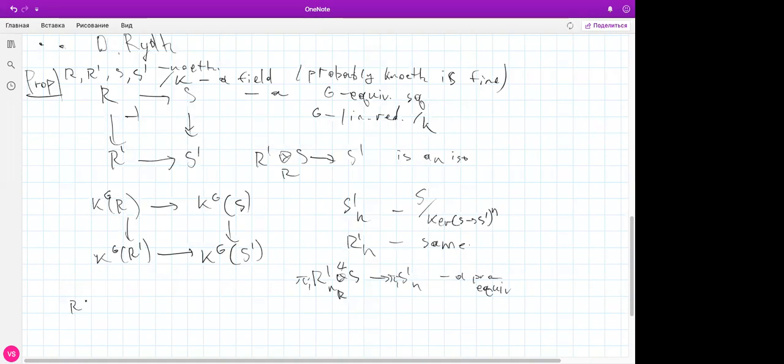You want to say that the map from R to the pullback of the n-th thickenings, yeah, I think so, is a pro-equivalence. So these are pro systems.